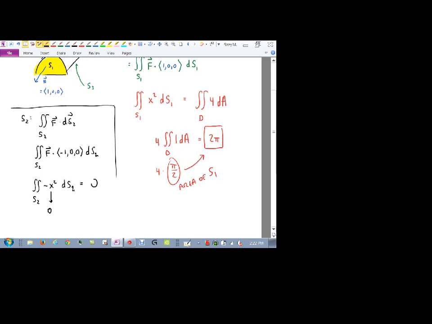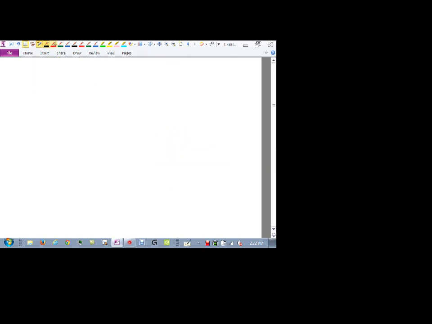All right, let's go for S3. Would it be 0? Probably. Let's see why. On S3, what's the normal vector? 0, 0, negative 1. And when I dot that with F, I just get negative z squared. But when we're on S3, what's z?